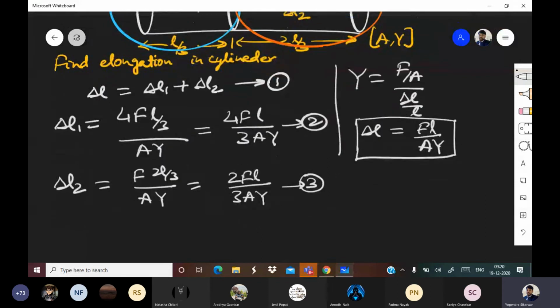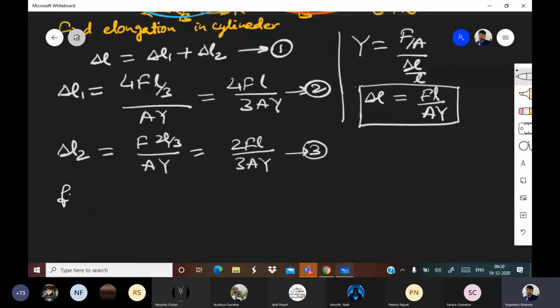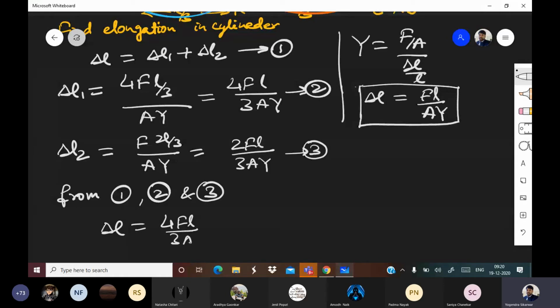From 1, 2 and 3, delta L will be 4FL upon 3AY plus 2FL upon 3AY.